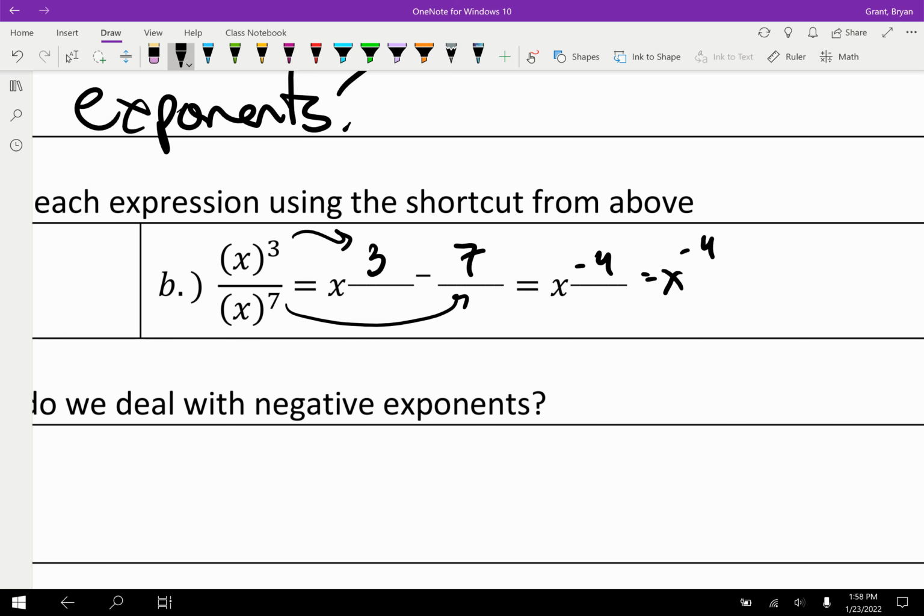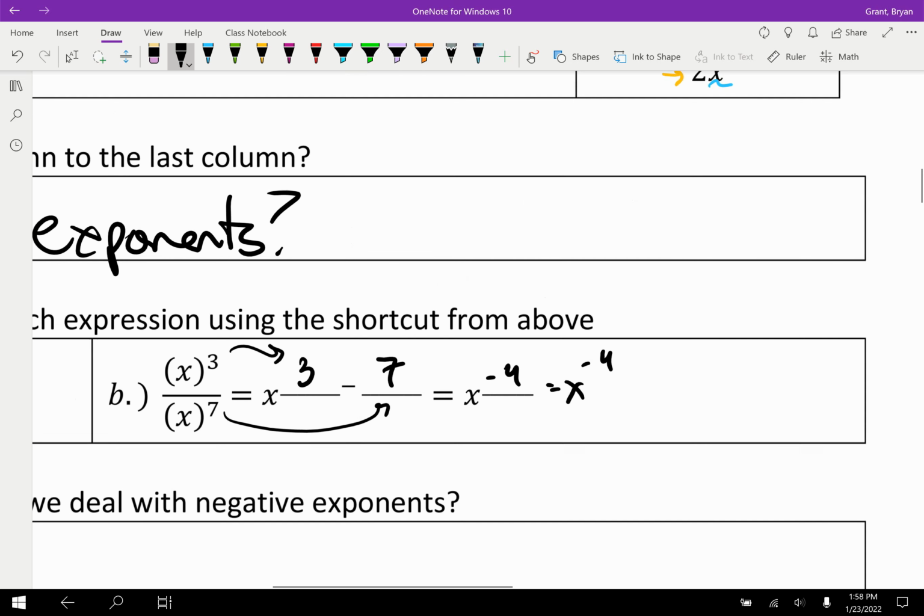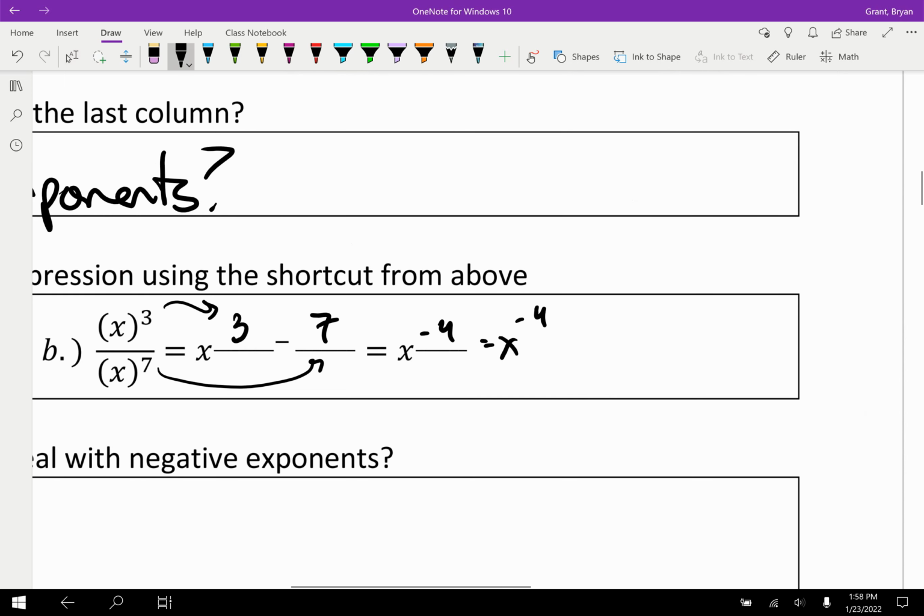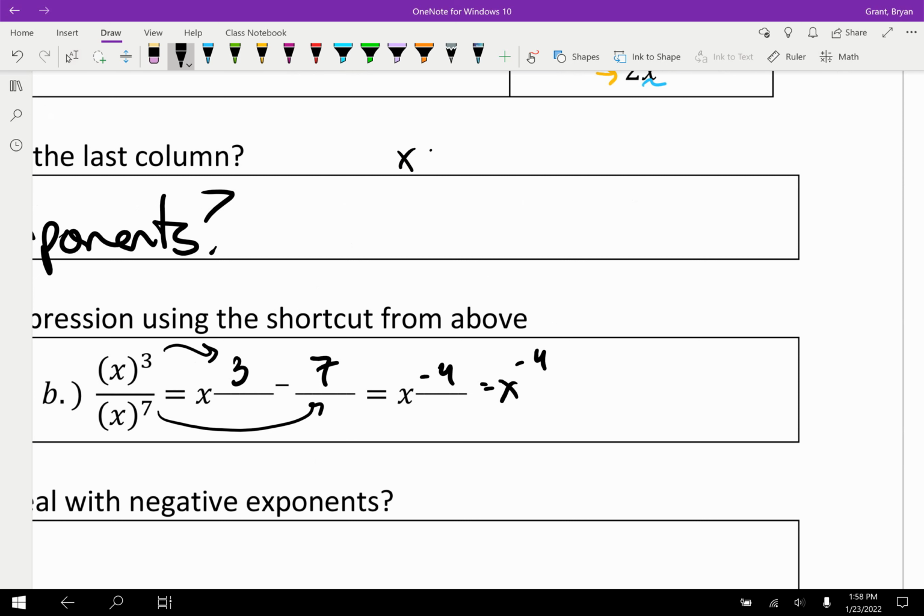How do you divide by yourself multiple times? Well, we should actually take a look at this up here. If I wanted to write this out, I'll do x cubed over x to the 7th, 3, 4, 5, 6, 7. I'm just doing this problem up above, right? We can reduce these, and we end up with 1 divided by x to the 4th, right?